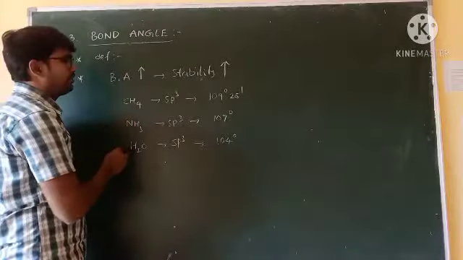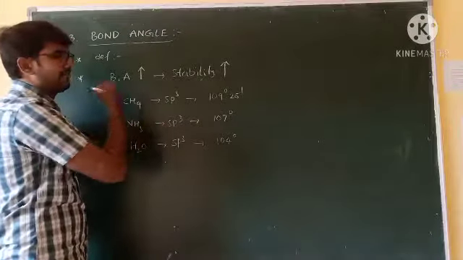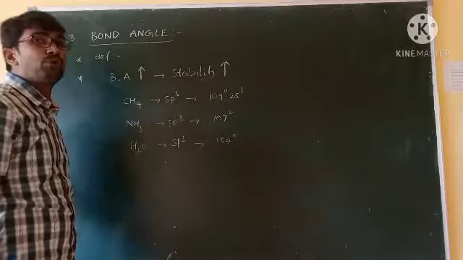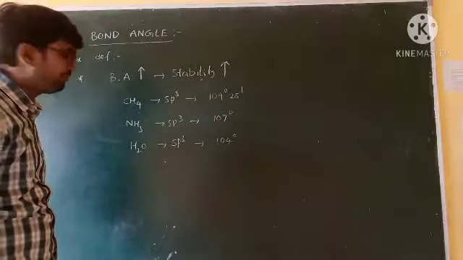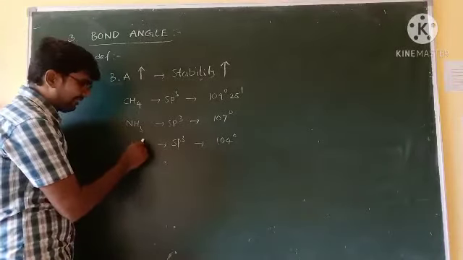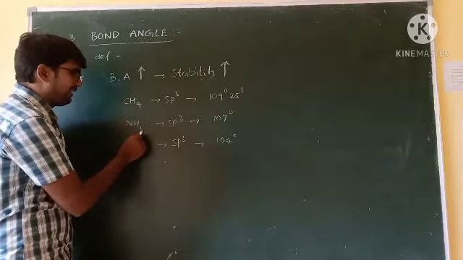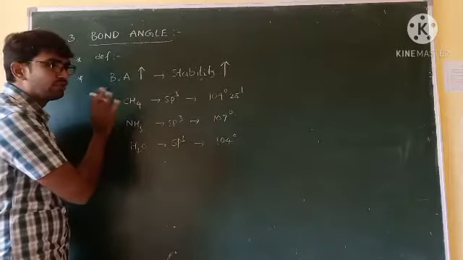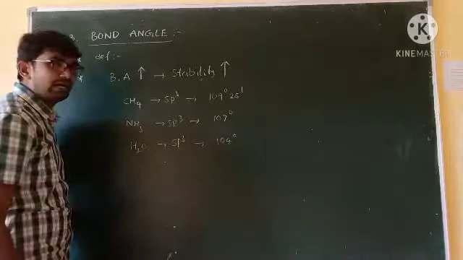So these three molecules undergo the same hybridization, but bond angles are different due to the presence of lone pairs. In H2O, the central atom contains 2 lone pairs. In NH3, the central atom contains 1 lone pair. In CH4, there are no lone pairs on the central atom carbon.